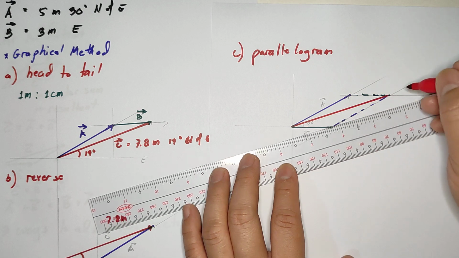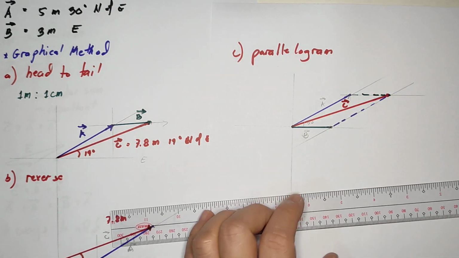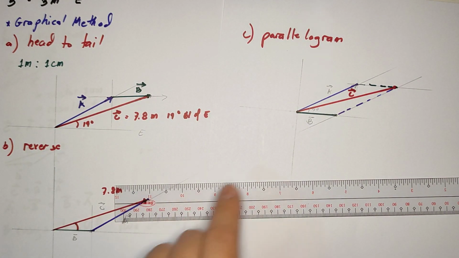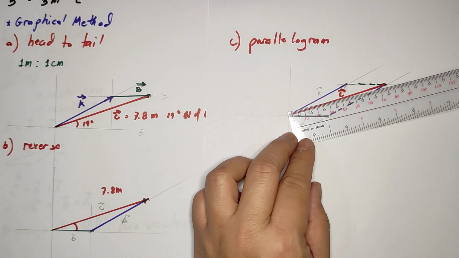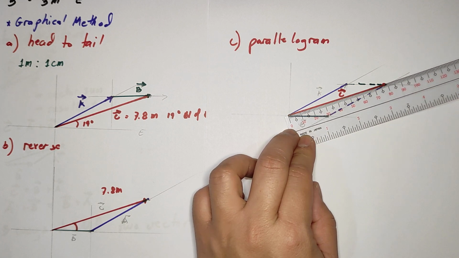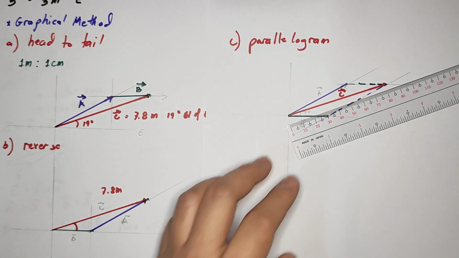Then you will have C. Actually, they are the same. If you measure it, guess what? It's 7.8. In this case, it's almost 8, but it's between 7.5 to 8 cm.